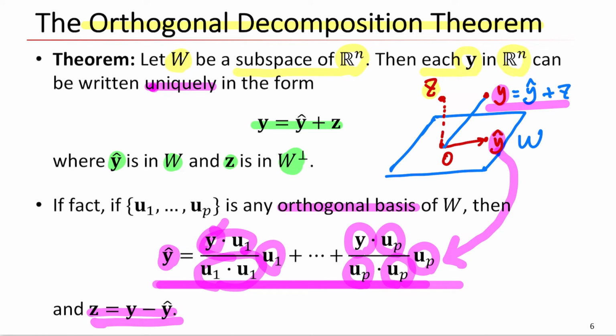So this y is no longer required to be in the subspace W. This is the way to find y hat, right?